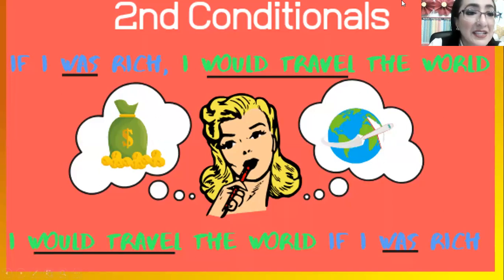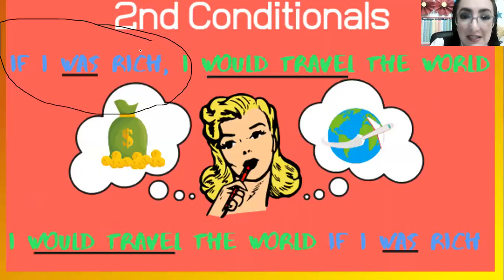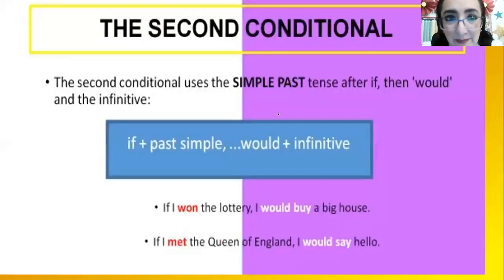But can you see this? This is my condition in past and my imaginary situation in an improbable future. If I was rich, I will travel the world. Second conditional.